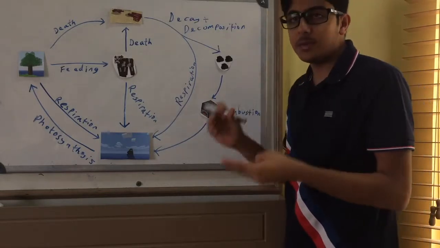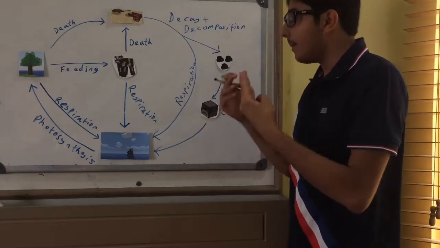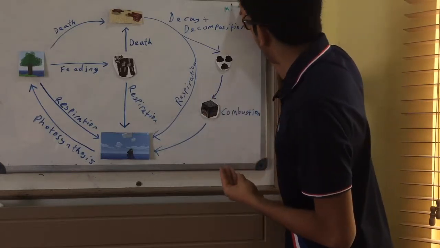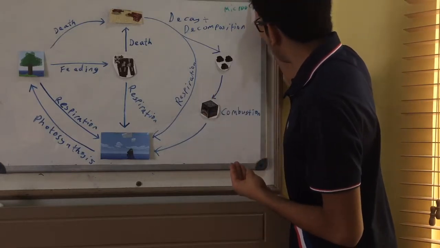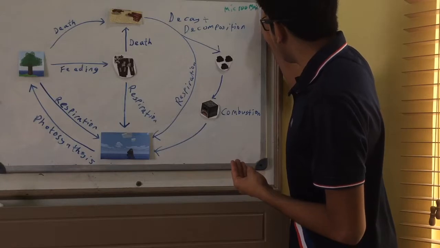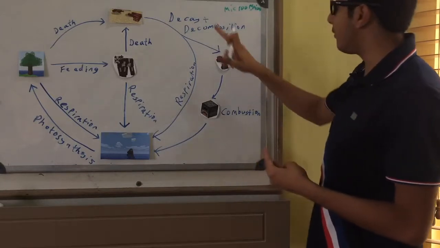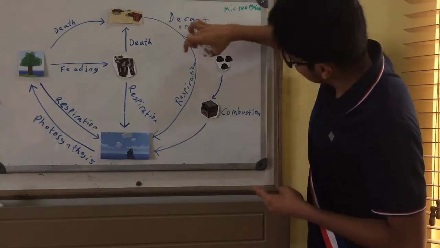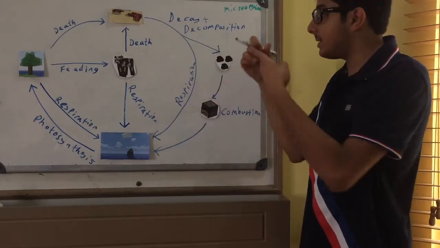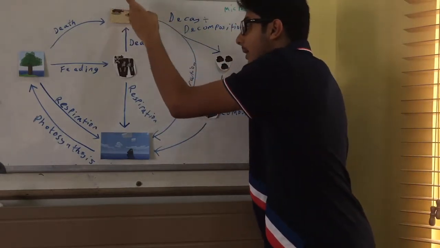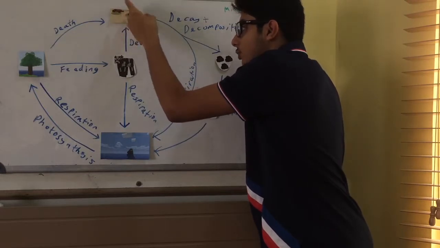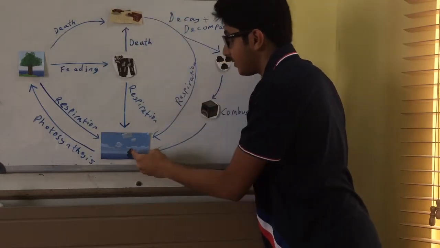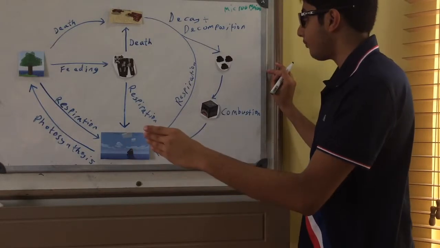How does decay and decomposition release CO2 into the atmosphere? Because it involves microorganisms. And microorganisms are the ones responsible for decay and decomposition. And obviously these microorganisms respire, releasing the CO2 from the dead animals or trees back into the atmosphere. So the carbon is cycled.